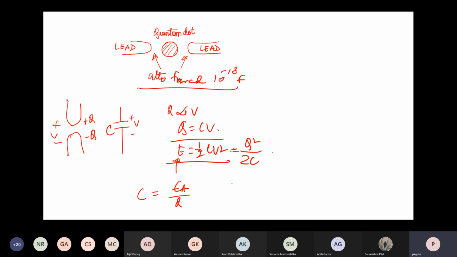If we consider epsilon as epsilon naught, then we can get some numbers.